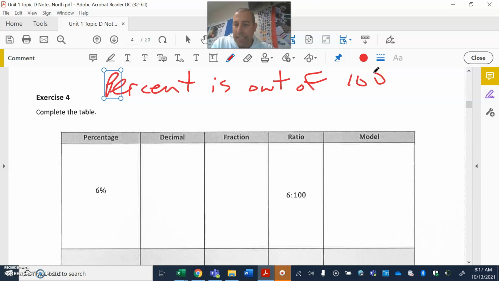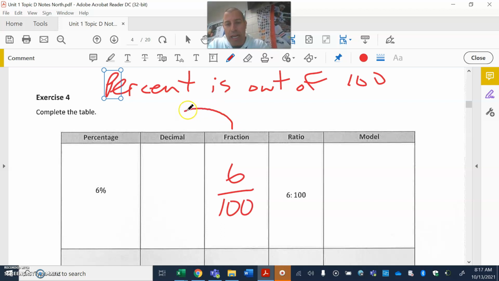So 6%, as a fraction, would be 6 hundredths, because it's 6 out of the 100. The benefit is that anytime we have a fraction and want to change it into a decimal, all we have to do is say it. You do need to say it with your place value, so we are going back to your elementary school days. The fraction is 6 hundredths.